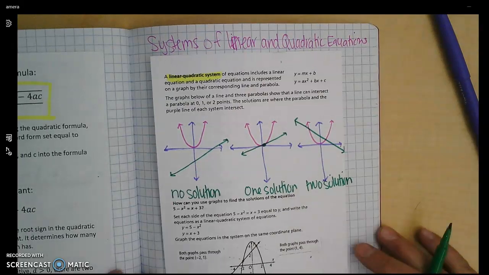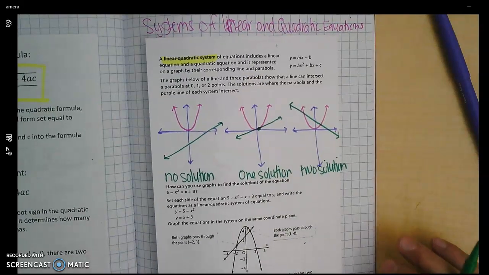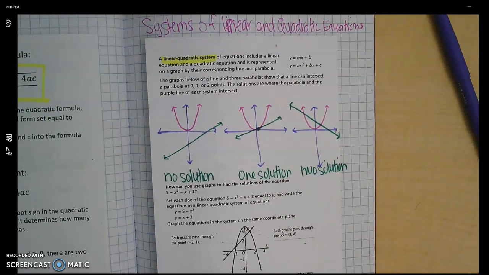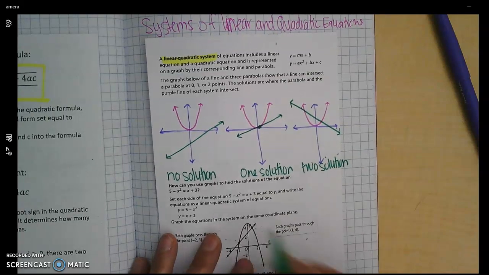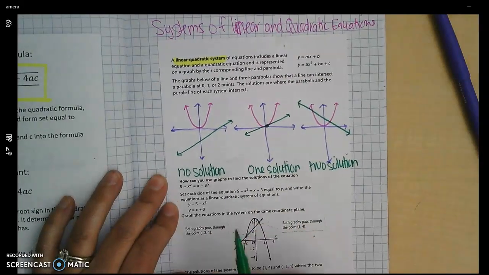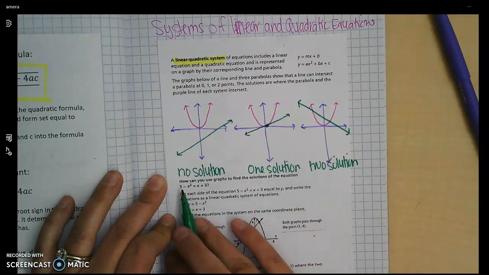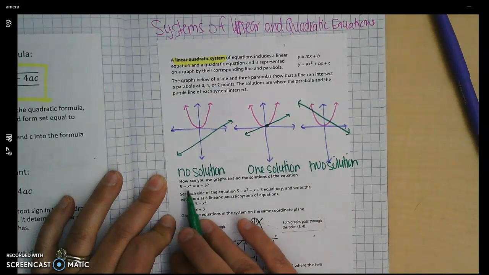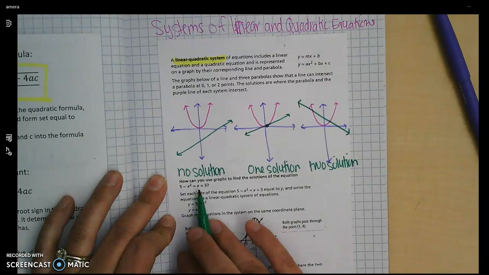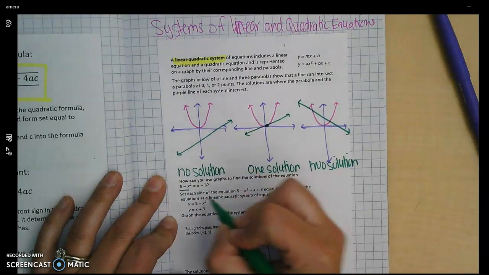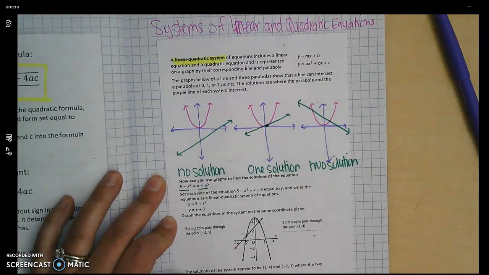So we can use graphs to find the solution of a system of linear and quadratic equations. Say I have the problem: how can you use graphs to find the solutions of the equation 5 minus x squared equals x plus 3? You can see I've got a quadratic on one side of this equation and a linear equation on the other.